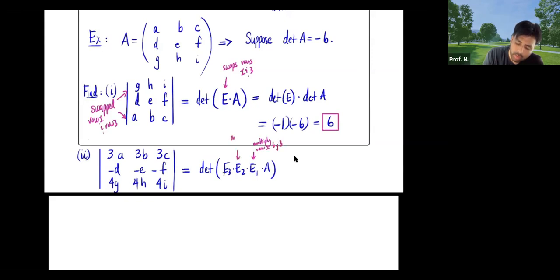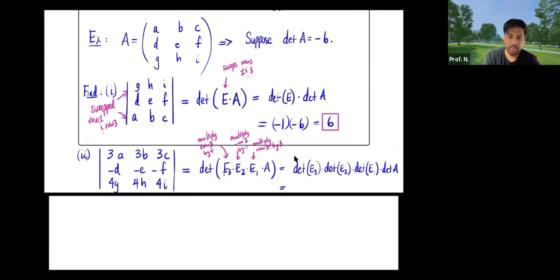This is multiply row 2 by -1, and then multiply row 3 by 4. So what does this equal? This equals the product of the determinants: determinant of E3, determinant of E2, determinant of E1, determinant of A. So what's the determinant of E3?